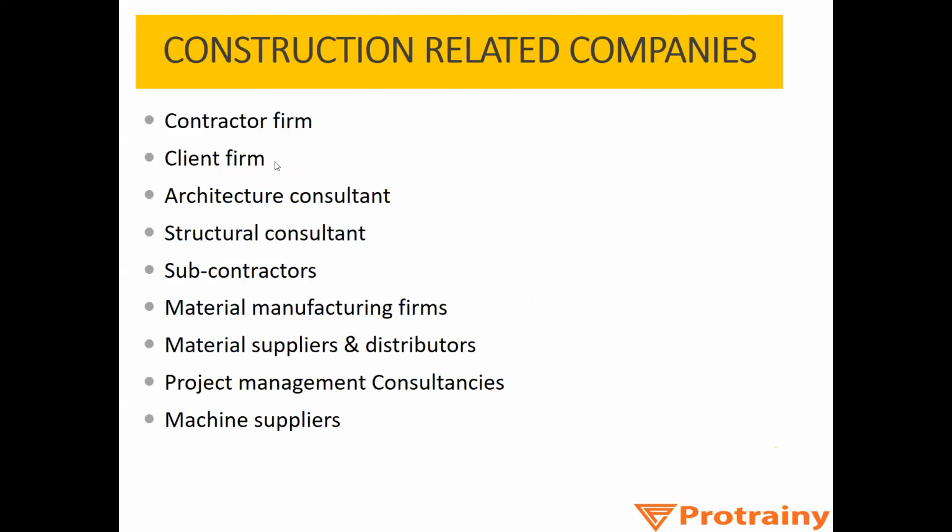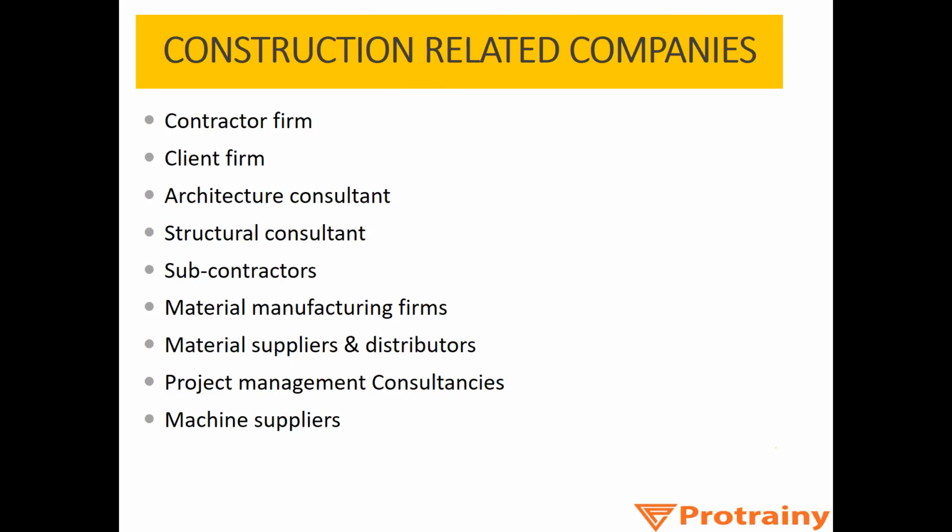Then there are different kinds of construction related companies. All these people hire construction managers. These are different types of companies which are related to construction only. All these companies hire people from construction management certification. These are contractor firms, the person who gets the contract for executing the job; client firms, who are the owner of the project; architect consultants, who design; structural consultants, who are responsible for the structural designing; subcontractors, the people who are working under the main contractor.